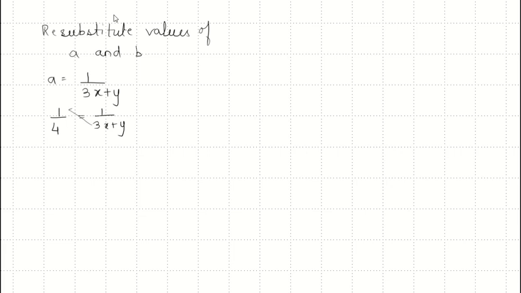We will cross multiply here. 4 into 1 is equal to 1 into 3x plus y. So 4 ones are 4 is equal to 3x plus y. Mark this as equation number 7, which is nothing but 3x plus y is equal to 4.